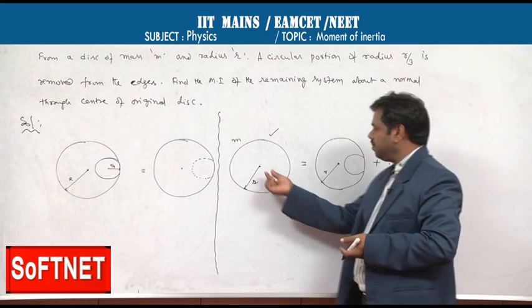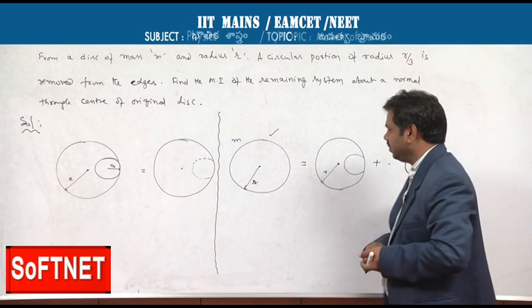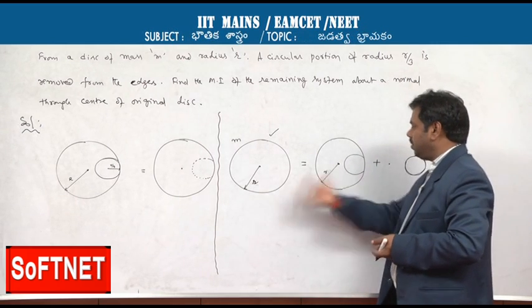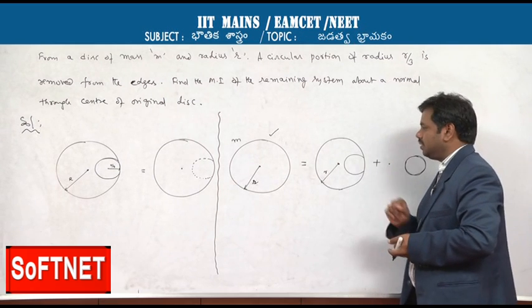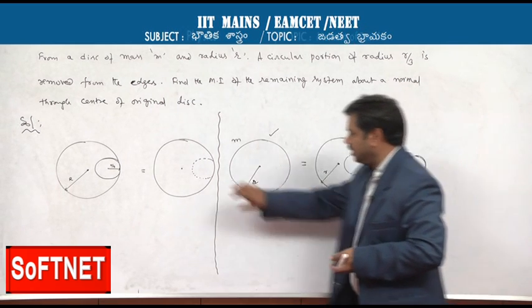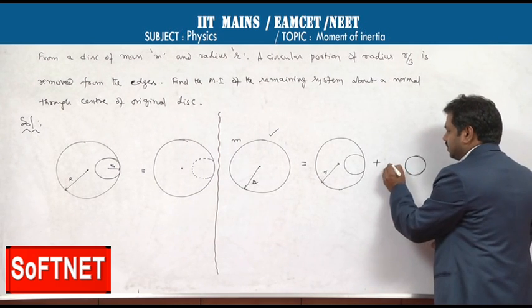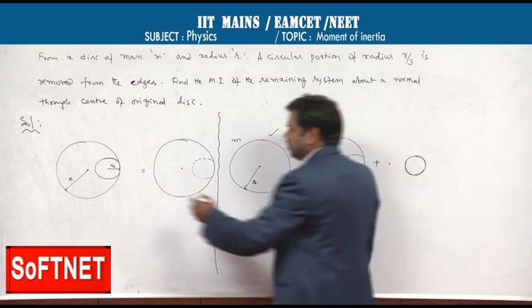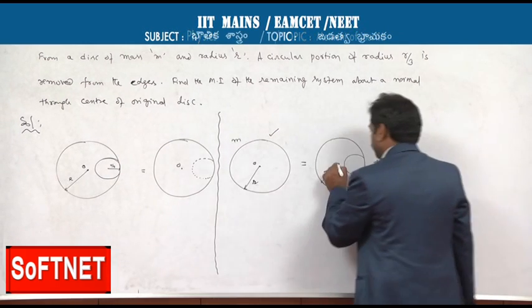We already know the moment of inertia of this full disk with respect to this axis. So that is exactly equal to the moment of inertia of the remaining part plus the moment of inertia of that removed part about the same axis. This axis, the axis point, is named as O.